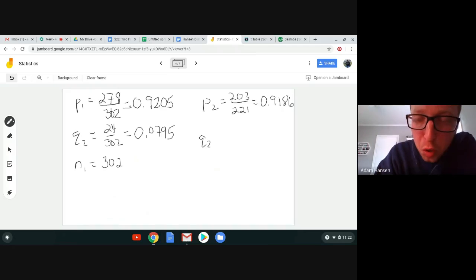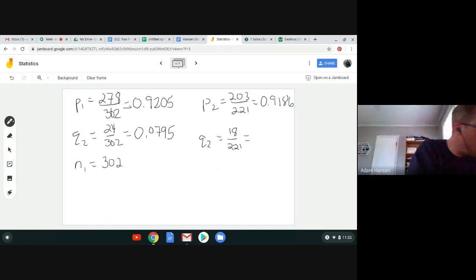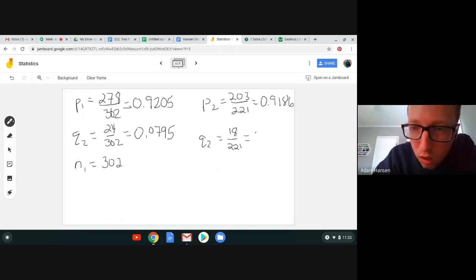If he made 203, he would have missed 18 out of his 221, which is 0.0814. And we have a sample size of 221 for Chris Paul.